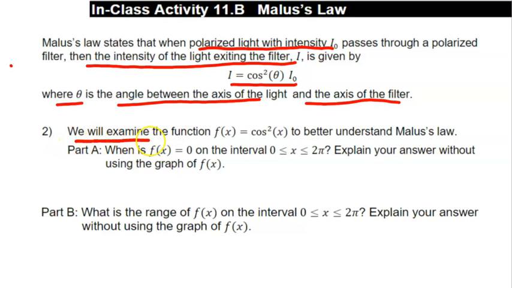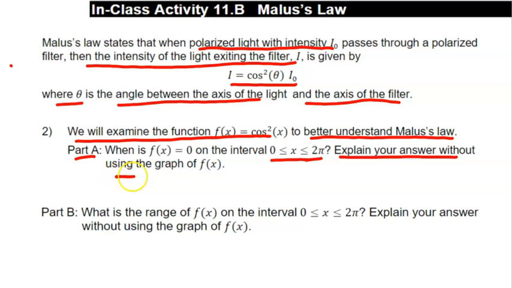Now, we will examine the function f of x equals cos squared x to better understand Malus's law. I want us to answer a few questions. Part A. When is f of x equal to 0 on the interval 0 is less than or equal to x and x is less than or equal to 2 pi? Explain your answer without using the graph of f of x.